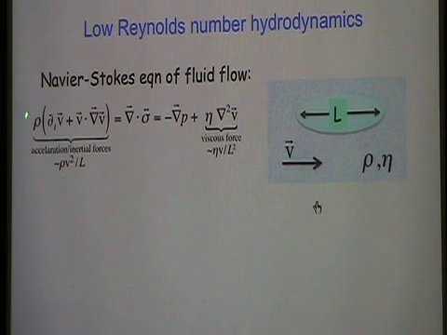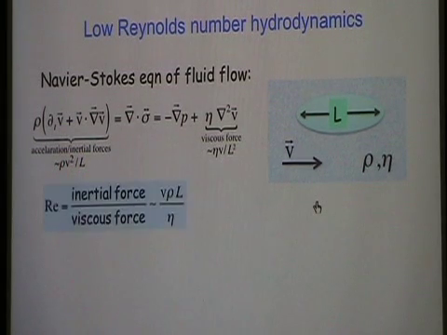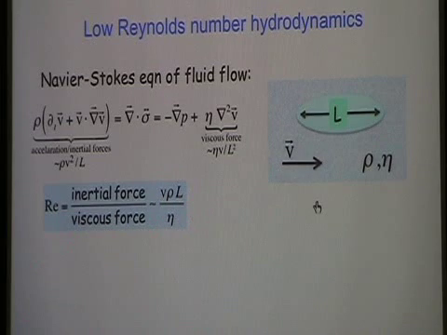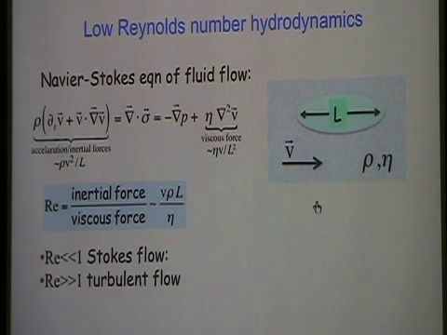And the inertial forces are of size density times the square of the velocity divided by a length. The ratio of inertial forces to viscous forces defines the number which is used all the time in fluid physics called the Reynolds number, which is V times rho L divided by eta.